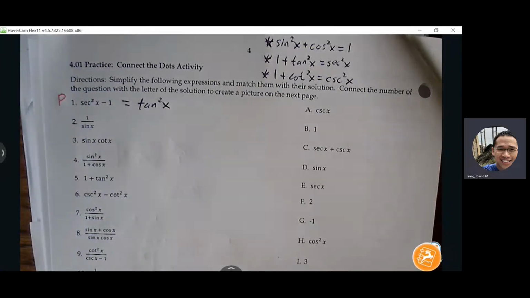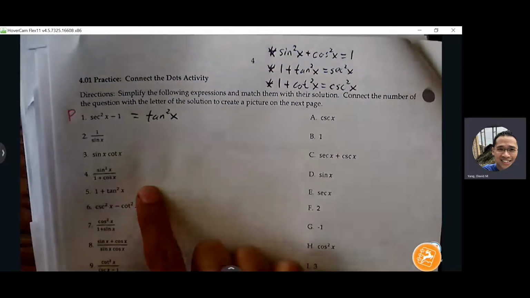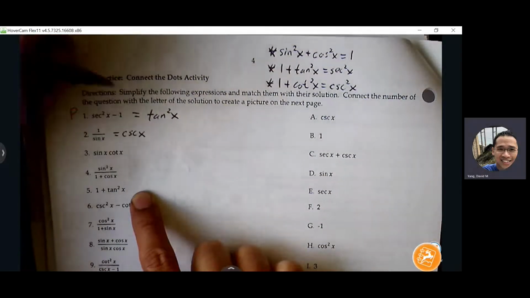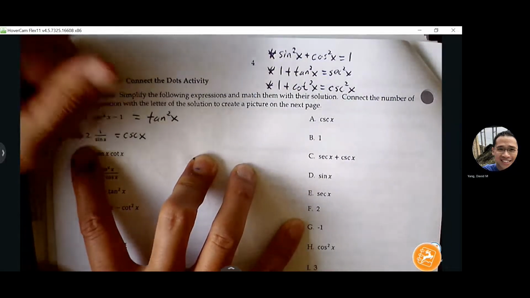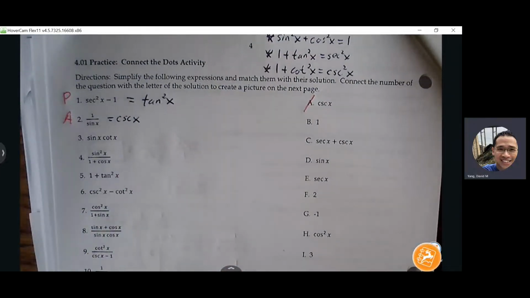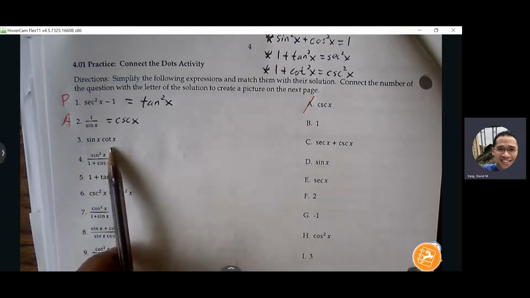Okay, 1 over sine of x. Same thing as, yeah, cosecant x. Sine x, cotangent x.